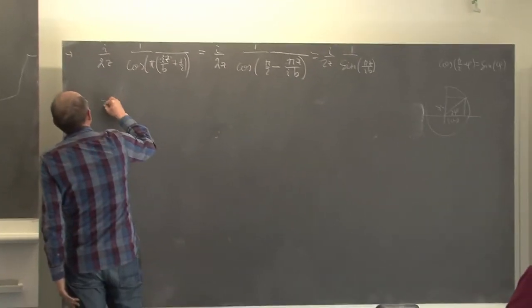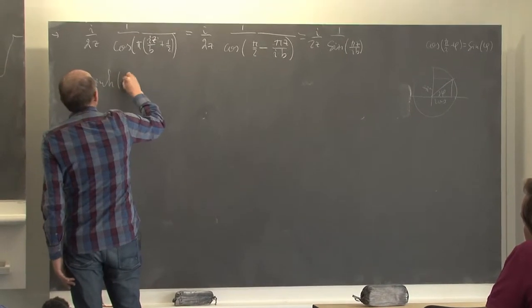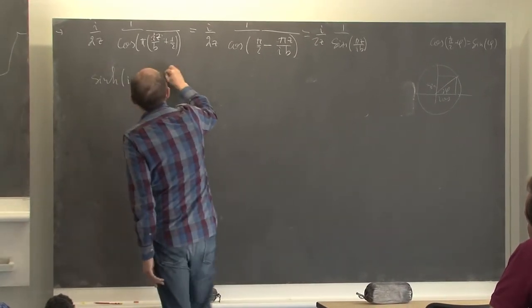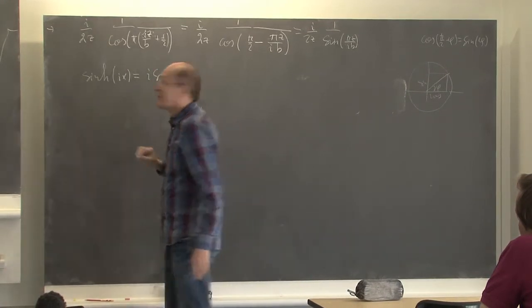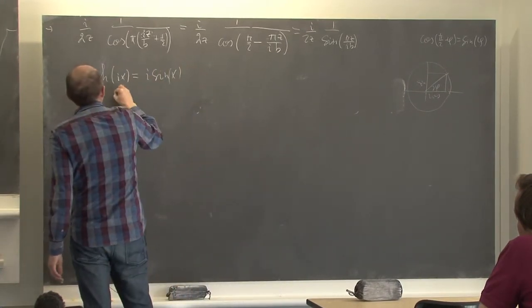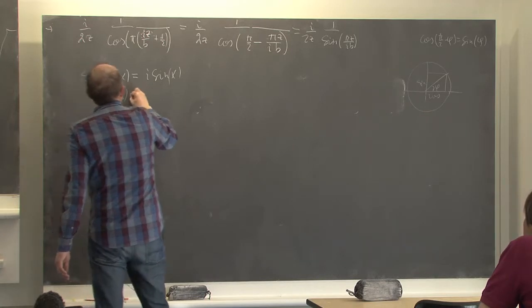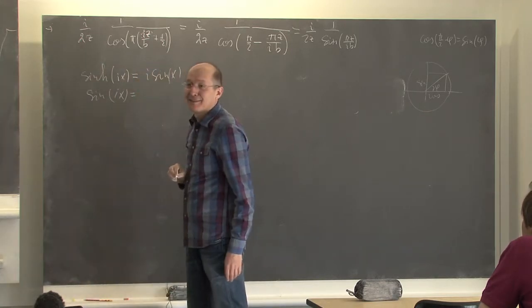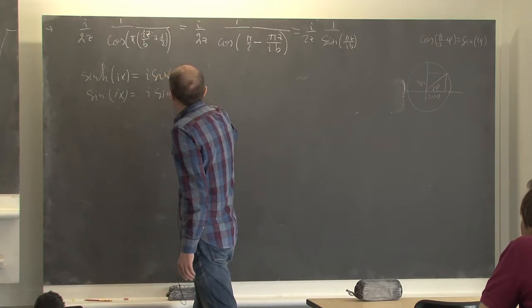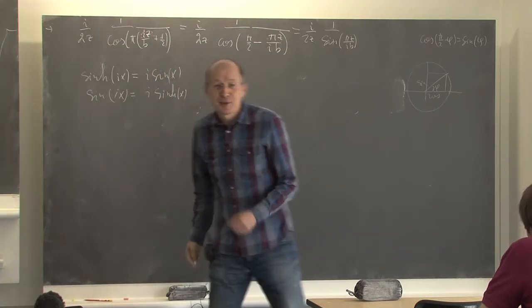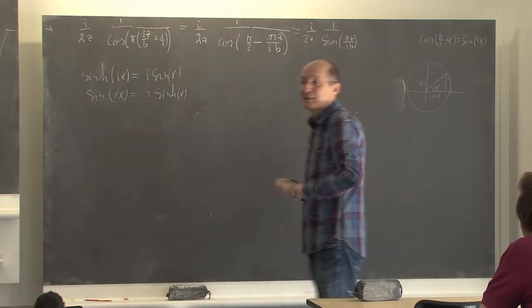Look, sinh of ix is i sine of x, and sine of ix is the same, i sinh of x. That's easy. You just pull out i, and that's it.